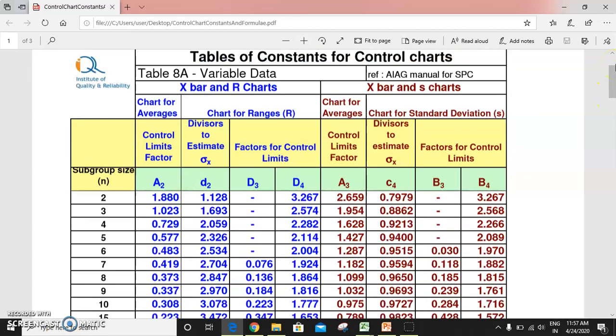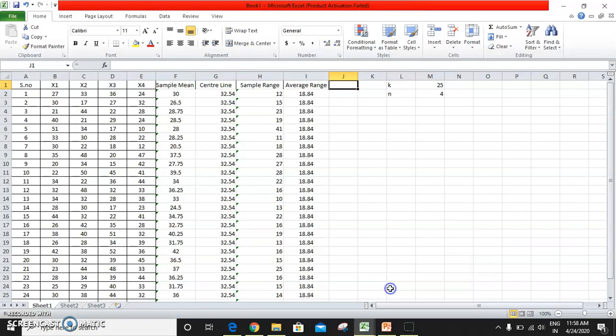So we'll get the value of this control limit factor A2 from this table. For n equal to 4, the A2 control limits factor will be equal to 0.729. So you can copy the value from here, or if you remember, you can just write down the value in your Excel sheet. So A2 for n equal to 4 is 0.729.